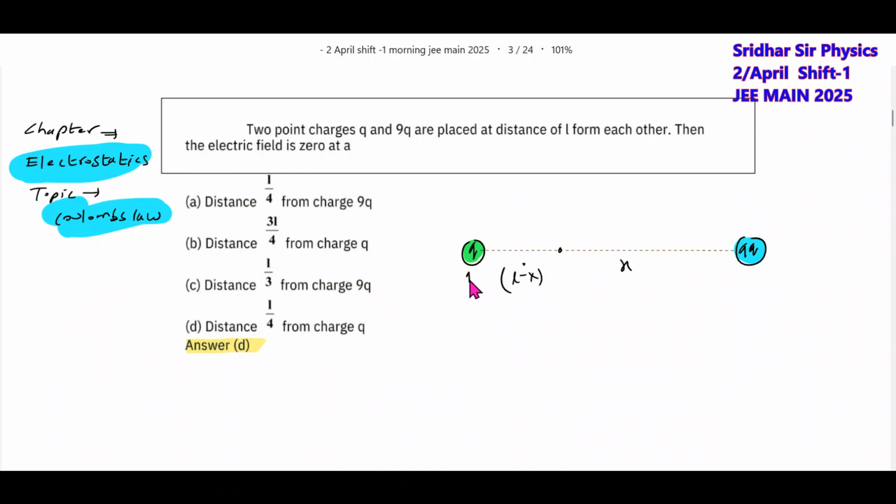We'll call this 1, this 2. Due to 1 the field will be like this, due to 2 it will be in this direction. And the net field should be 0, so E1 equal to E2. E1 will be KQ by x square. Due to this it will be K 9Q by L minus x whole square.